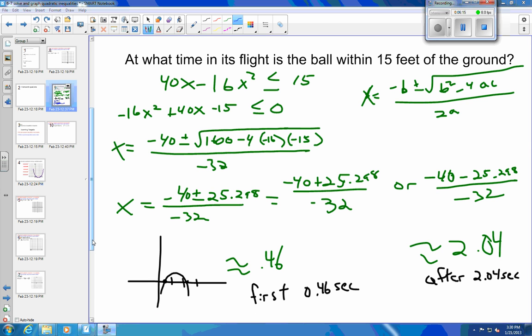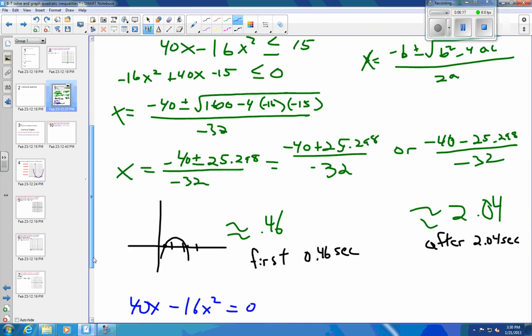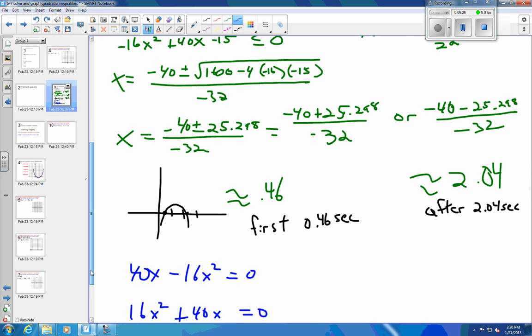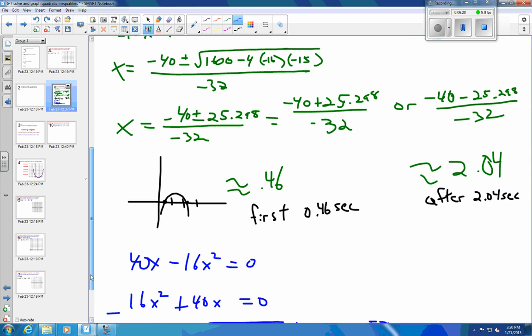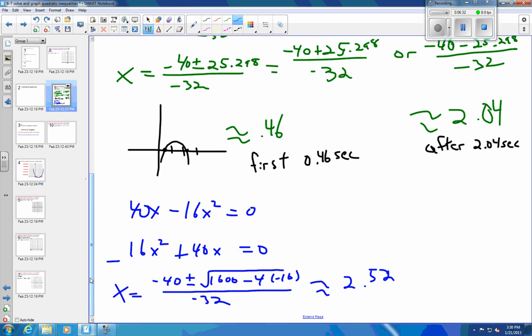And so to figure out approximately when it's going to hit the ground, you would take the original equation and have it equal to 0 instead of 15. So instead of 15 feet above the ground, it would be 0 feet above the ground. Rewrite it into the standard form of the quadratic formula, fill it in, and you get approximately 2.5 seconds until it hits the ground.